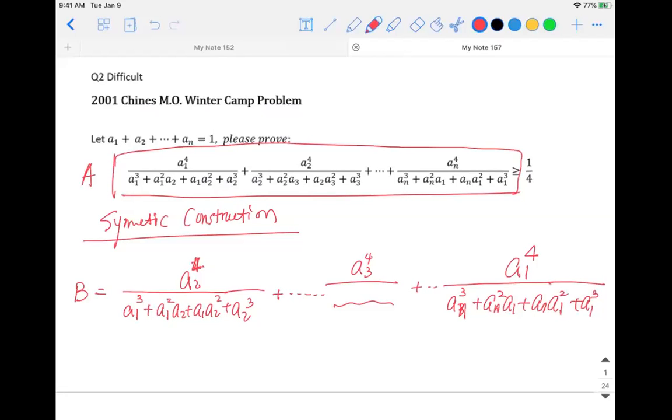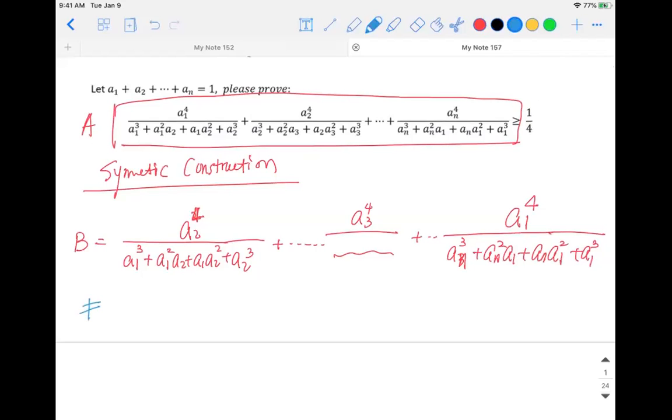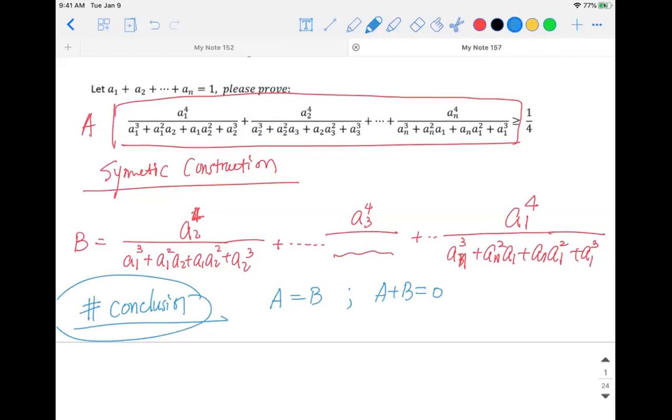Well, this is actually a very important conclusion. In most of these symmetric related construction problems, as long as you have two terms, A and B, most of the time A and B together will have a very brief relationship. You're going to have either A equals B, or A plus B equals 0. This means A equals minus B. But in our case, this is going to be impossible, right?